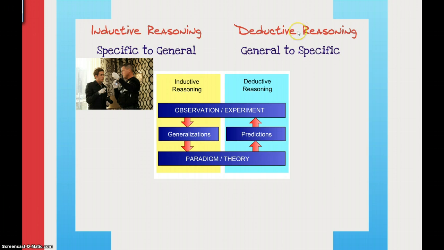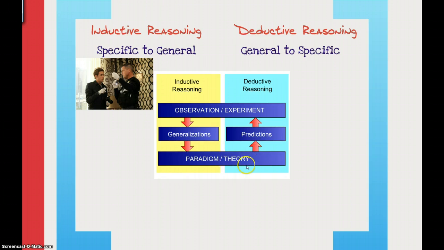Deductive reasoning is the opposite. Deductive is general to specific, meaning that it starts with an overall theory that is held to be true, and that overall theory is applied to a specific thing. For instance, an overall theory that we can pretty much be sure is true is like gravity.